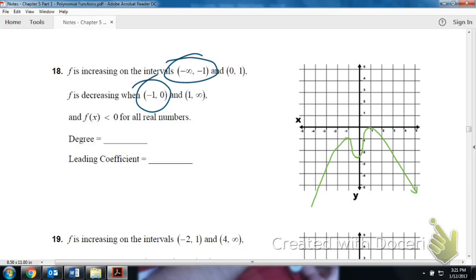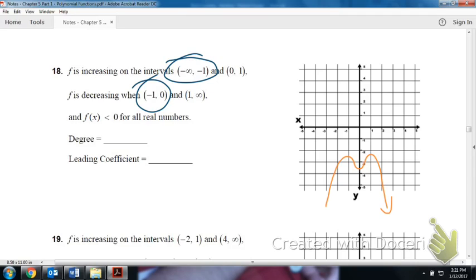To give you a different idea of what it might look like, let's erase that and try again. I could go like this. No, let's back up. I could go. It might look like that.